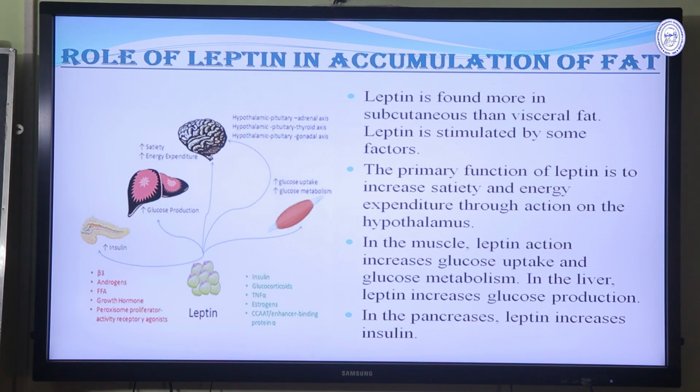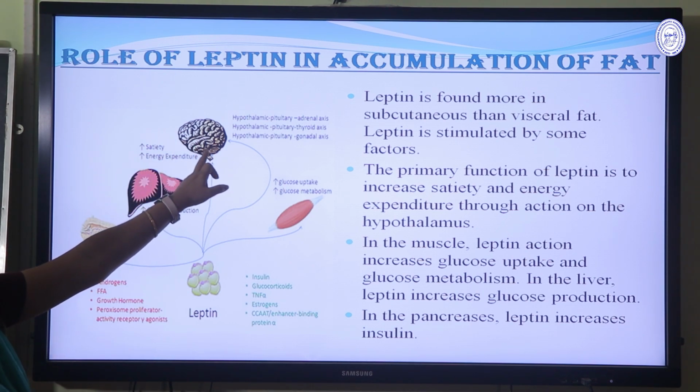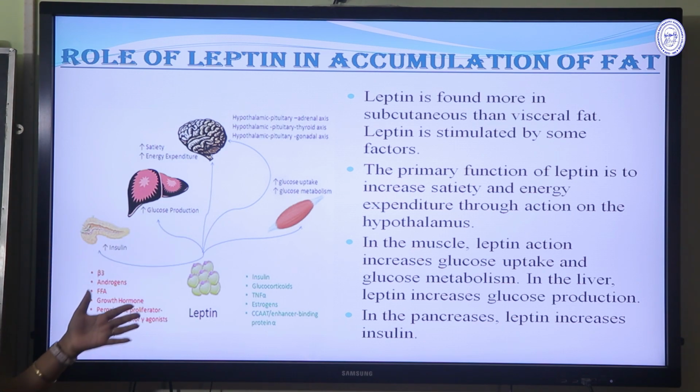So, here is the role of leptin in the accumulation of fat. This is the hypothalamus and we will see how it acts. Leptin is found mostly in subcutaneous fat and it is stimulated in the body by different factors. The primary function of leptin is to increase satiety and energy expenditure through the action of the hypothalamus.